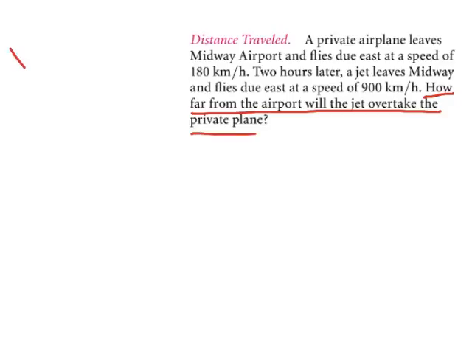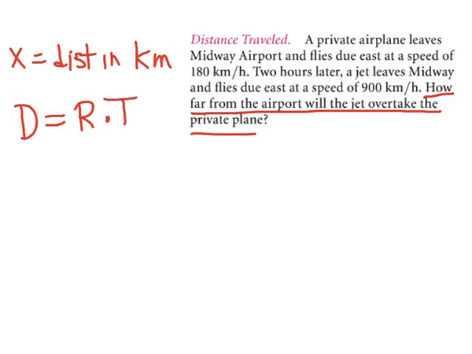So x equals distance in, my units this time are kilometers because I see kilometers per hour, kilometers per hour. Distance in kilometers. Okay, now what we're going to use this time, very famous formula, distance equals rate times time.